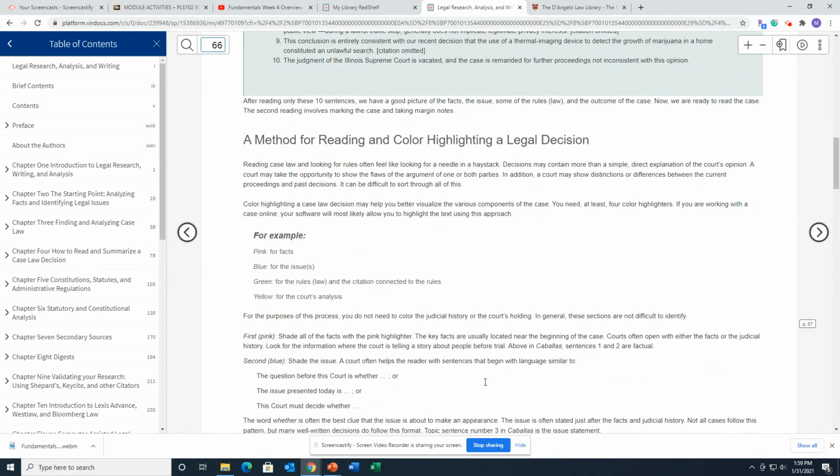Another thing you can do, I had some friends in law school who loved color. It's just a matter of personal preference, but they highlight pink for facts, blue for issues, green for rules, yellow for analysis. You highlight it first, and then when you're done, you can pull out things for your case brief.